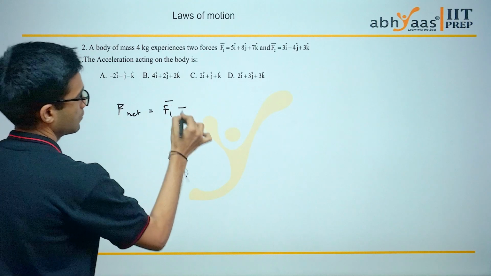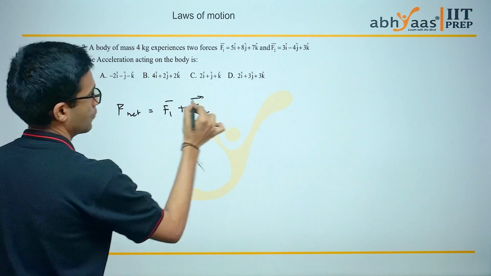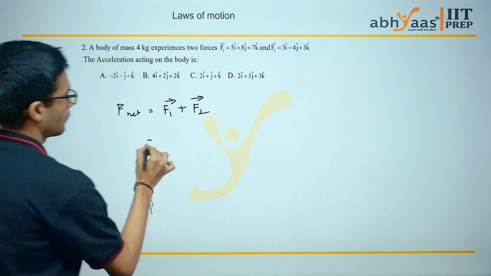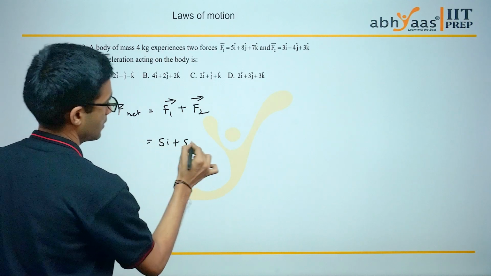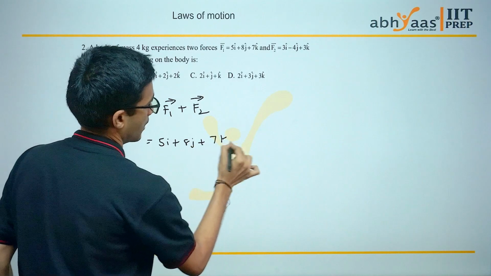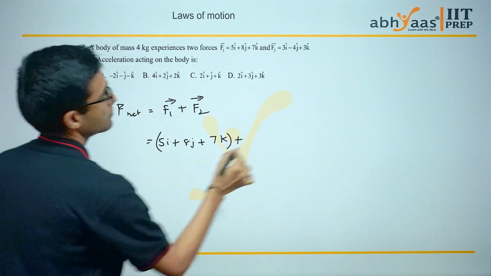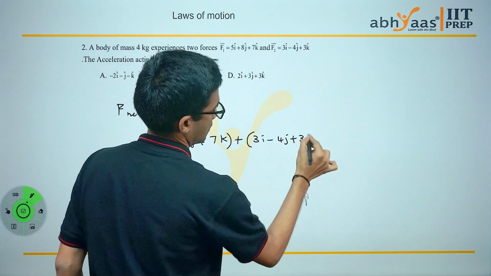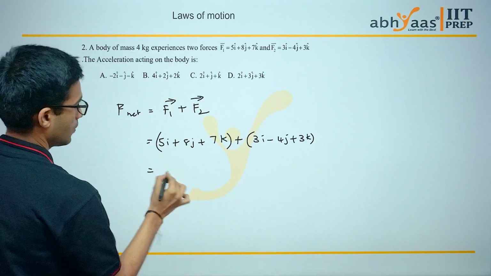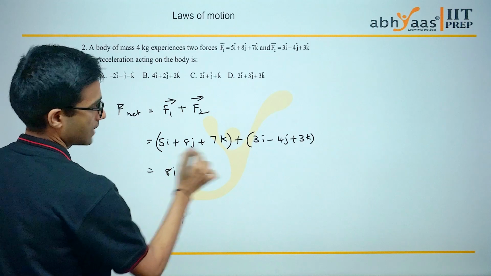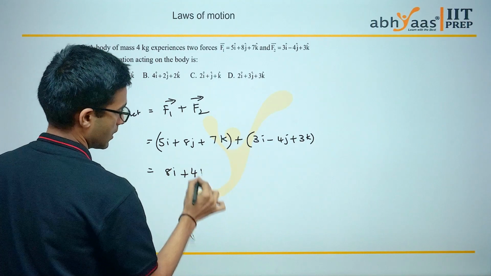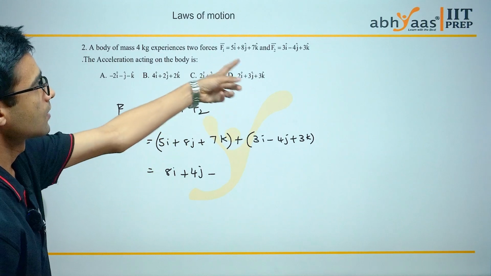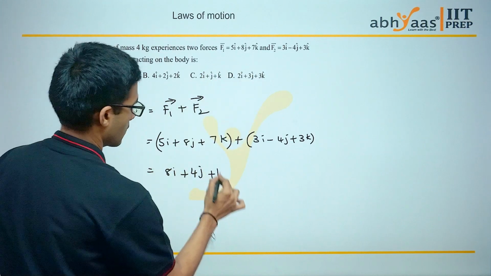We add the two forces to get the resultant force: 5i plus 8j plus 7k plus 3i minus 4j plus 3k. That gives 8i plus, 8 minus 4, that is 4j, plus 7k plus 3k, that is 10k.